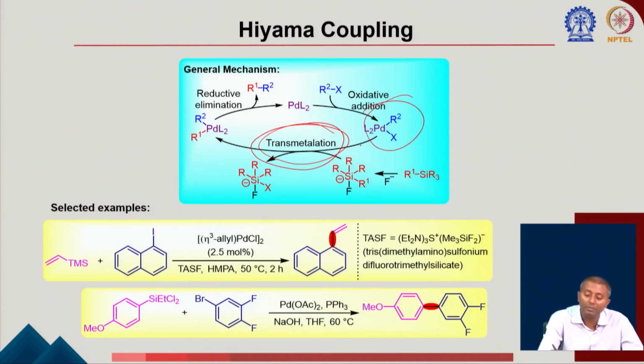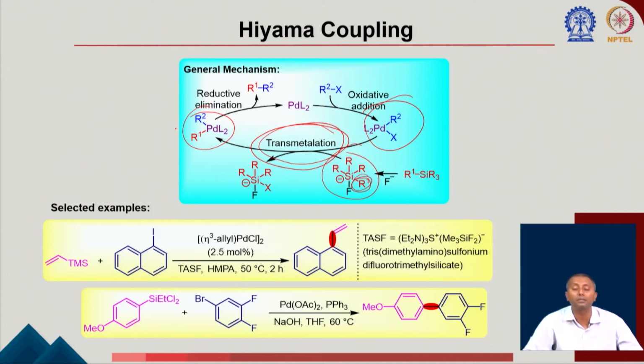The important step is this one, where you can use an F minus source which can attack the silicon to generate this pentavalent species that will allow the transmetallation of this R1 group from silicon to the corresponding palladium. Once the transmetallation happens, the next step is the reductive elimination giving the corresponding cross coupling product and getting back the catalyst in the reaction cycle.